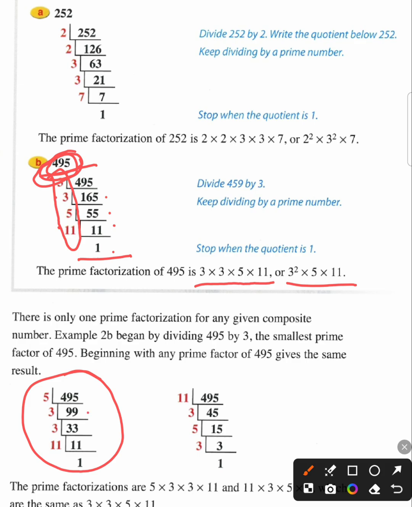Perfect. The result is 99. And 99 divided by 3 is 33, divided by 3 again is 11, and 11 divided by 11 is 1, and we are at the end.